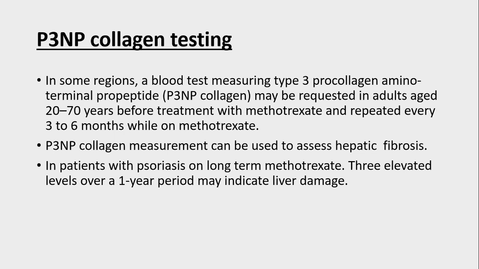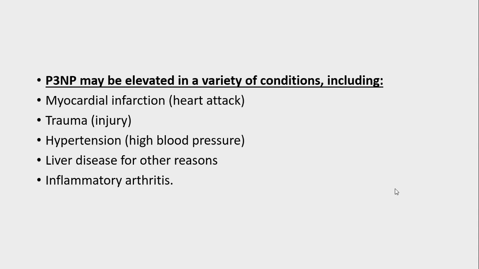In patients with psoriasis and on long-term methotrexate, 3 elevated levels over 1 year period may indicate liver damage. And this will call for stopping the drug. The P3NP elevated levels are seen in other conditions like in myocardial infarction, in trauma, in hypertension, in liver diseases for other reasons, and in inflammatory arthritis.